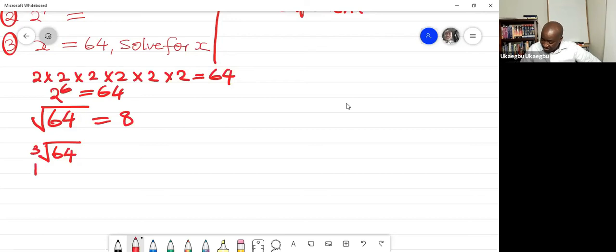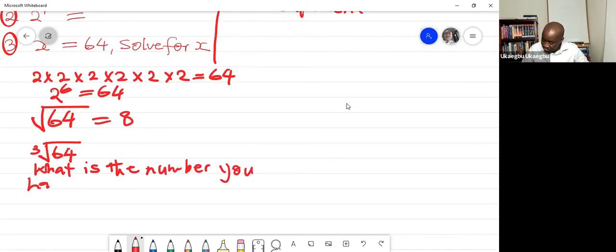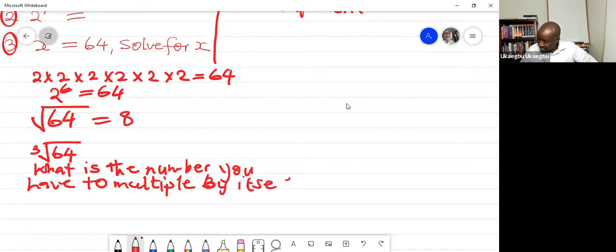That's what you ask yourself. What is the number you have to multiply by itself 3 times? So that's what you have to ask yourself.